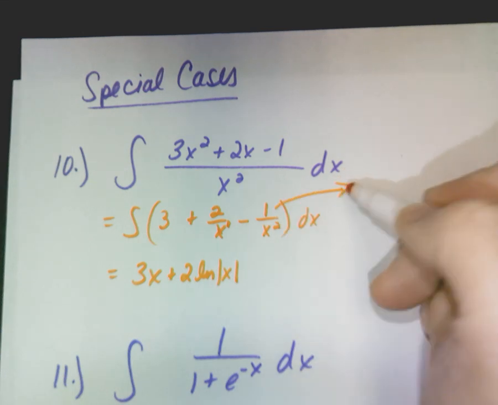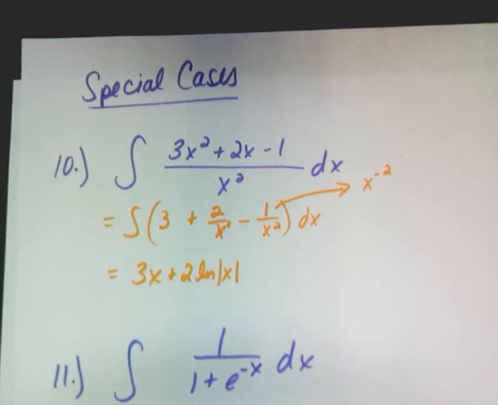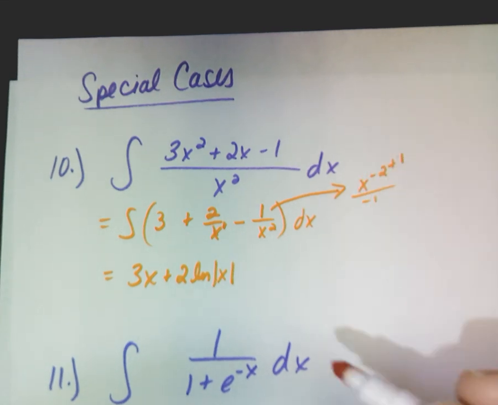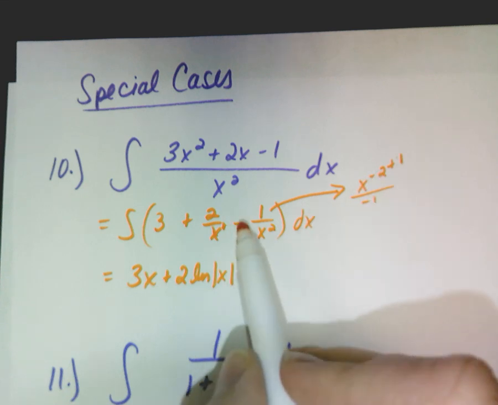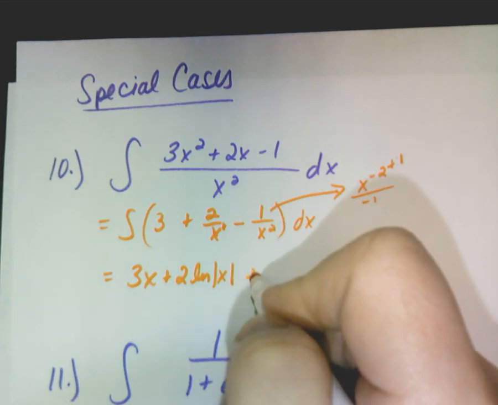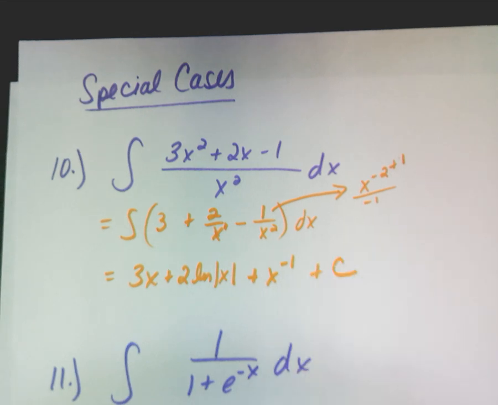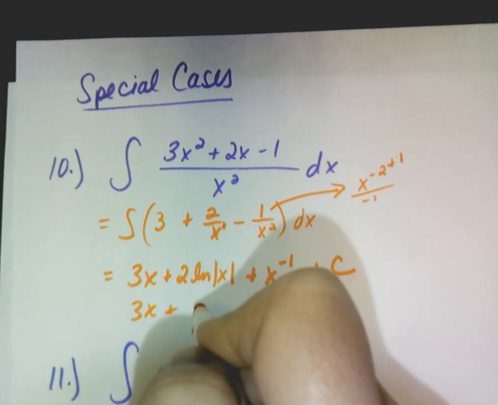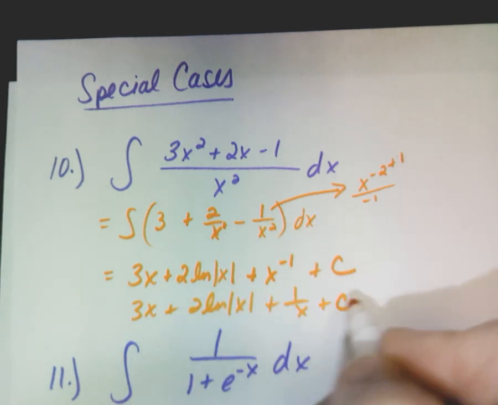Well, guys, that's the same as x to the negative 2, right? So add 1 and divide. So it'd be negative x to the negative 1, but there was already a negative here, so it'd be positive x to the negative 1, and then plus c. And then you can clean this up if you want to. 3x plus 2 ln x plus 1 over x plus c.